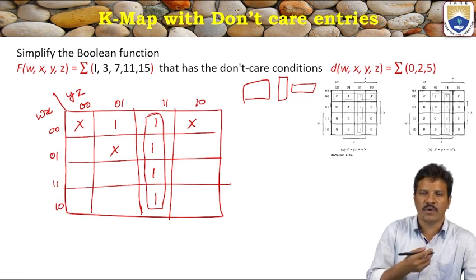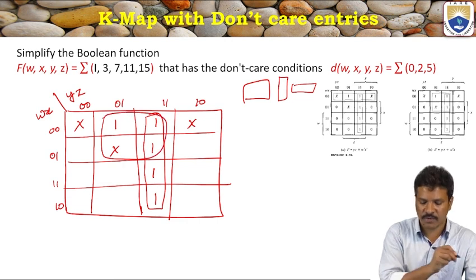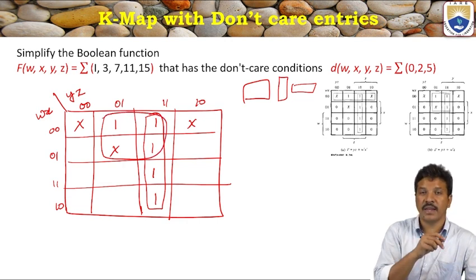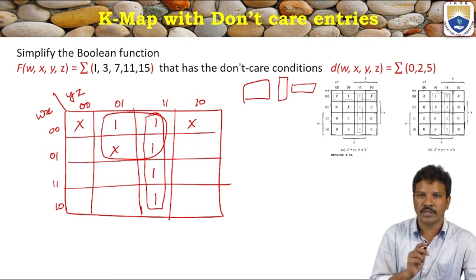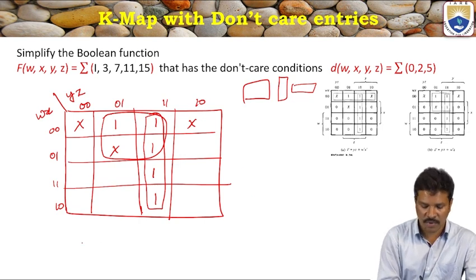In order to cover that one, again check with 16, 8, 4. 16 and 8 are not possible, but 4 is possible by considering don't care. So by considering don't care, we can minimize the maximum number of literals. So there are two boxes, one vertical and then a square with don't care. Then we can minimize the Boolean function.